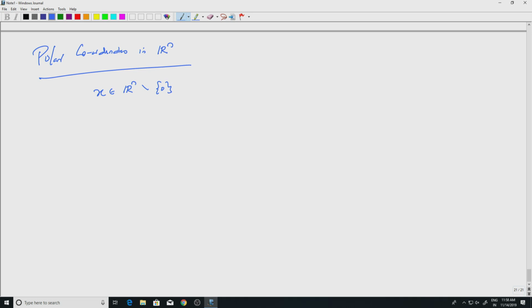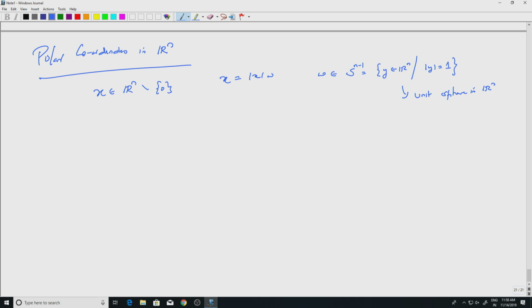So, we can write x as mod x times, let us say, omega, where omega is a point in Sn minus 1. So, Sn minus 1 is the sphere in, so y in Rn, such that modulus of y equal to 1. So, this is the unit sphere in Rn.